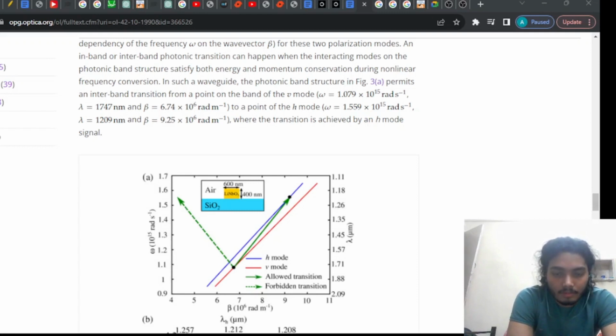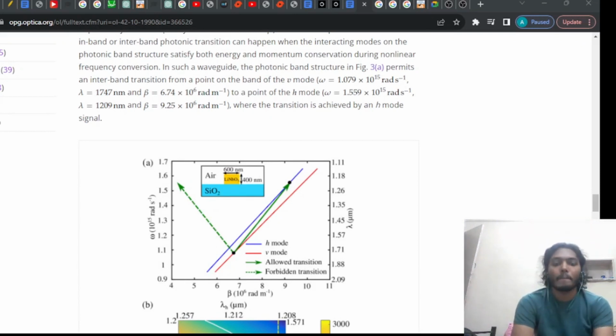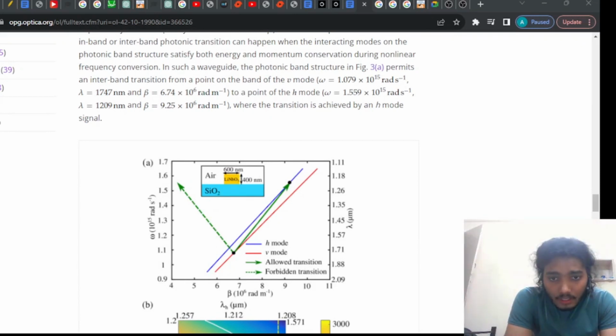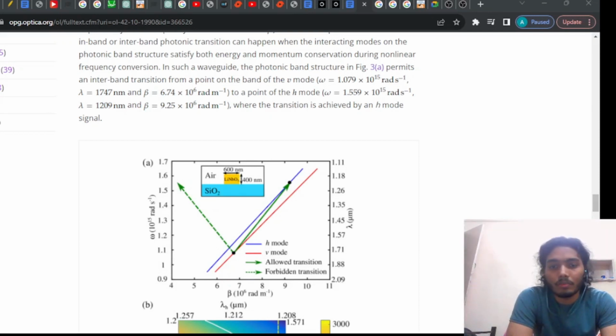So here we can see that we can't generate any omega 3 for a given omega 1. Once we choose some frequency omega v on this curve, and we are trying to create a frequency omega 3 which is horizontally polarized, we can't choose any photonic transition, because there is some constraint on it.